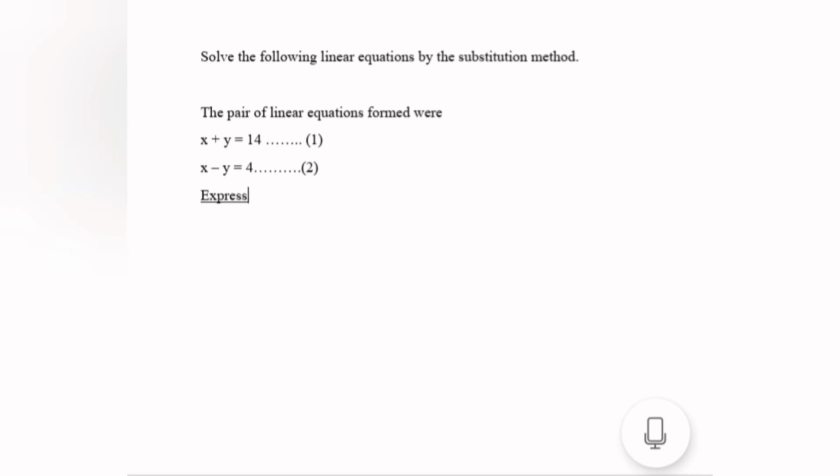Expressing x in terms of y in the equation 2, we get x equal to 4 plus y.